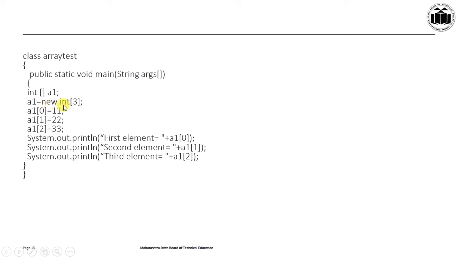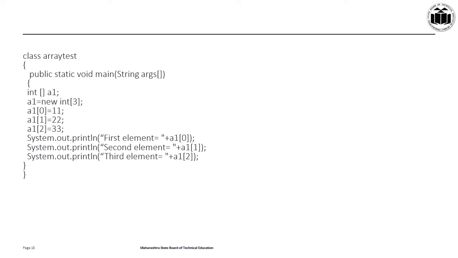Now how to put the values? You can put the values into an array by using a1[0] = 11, a1[1] = 22, and a1[2] = 33. That means on the 0th location you have saved 11, on the first index you have saved 22, like that.